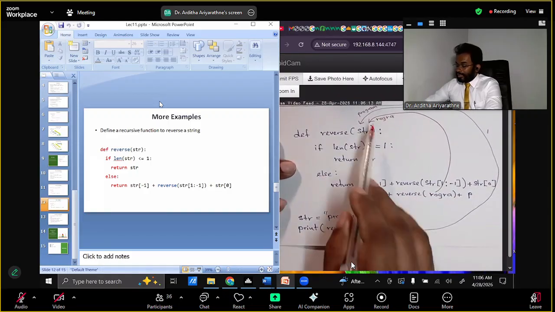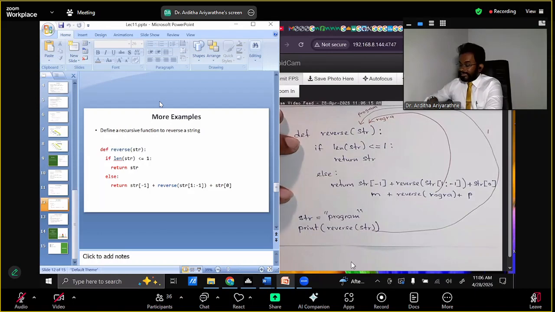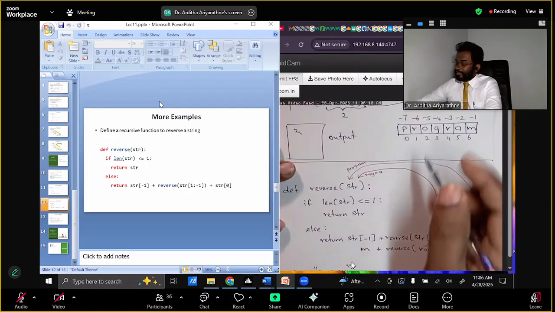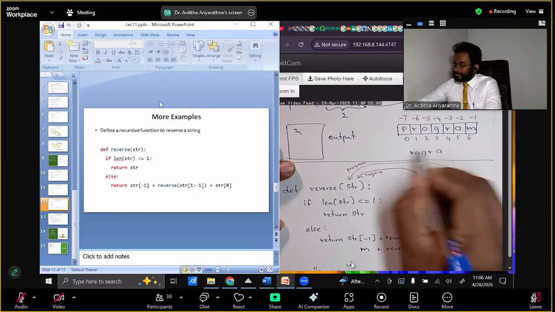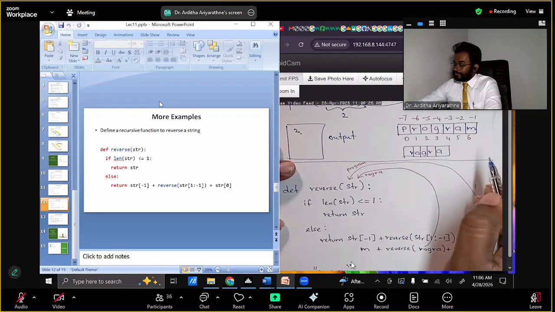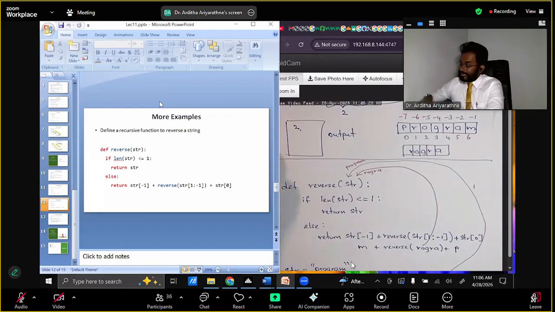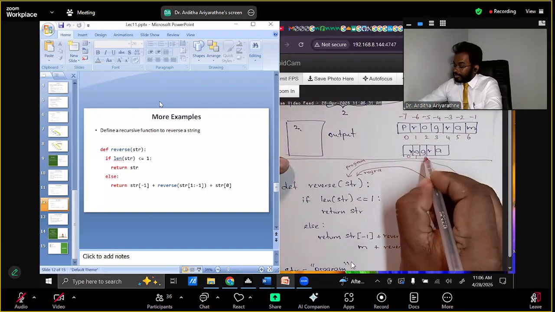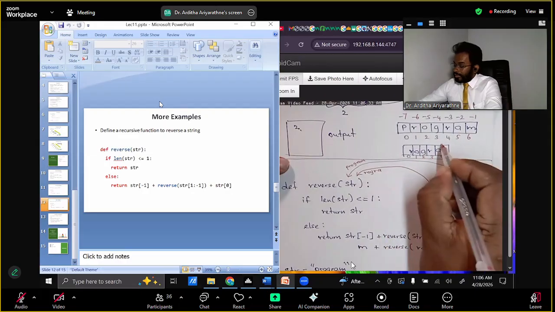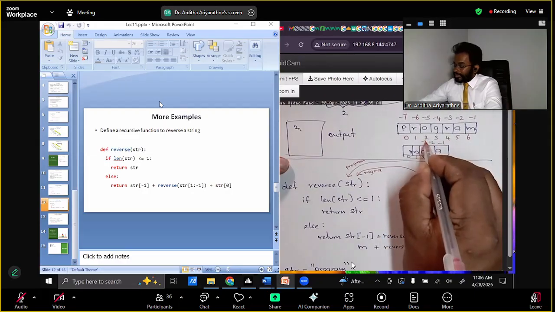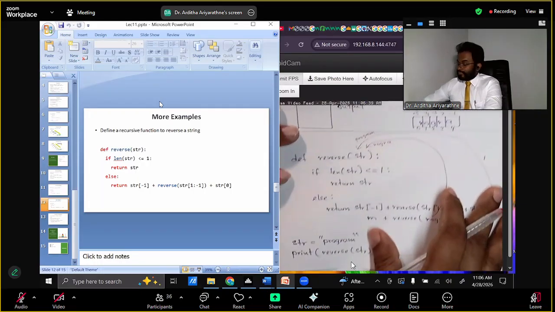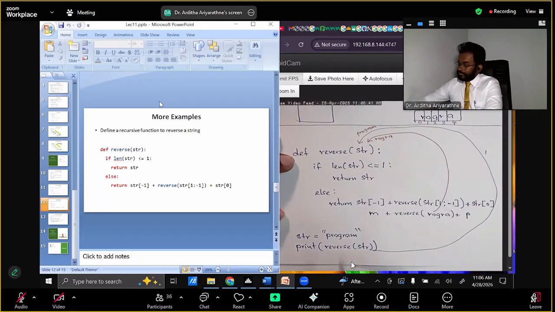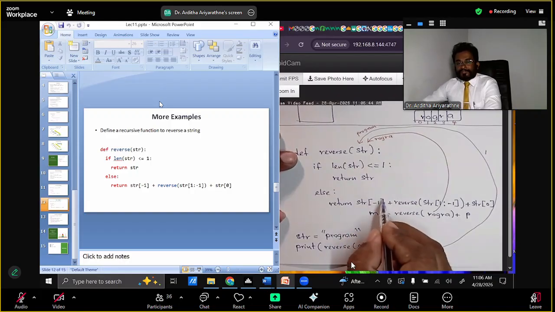Now ROGRA. What is this ROGRA? It's also like this. Right? So indexes start with 0, 1, 2, 3, 4. Here minus 1, minus 2, minus 3, minus 4, minus 5. Now str[-1].